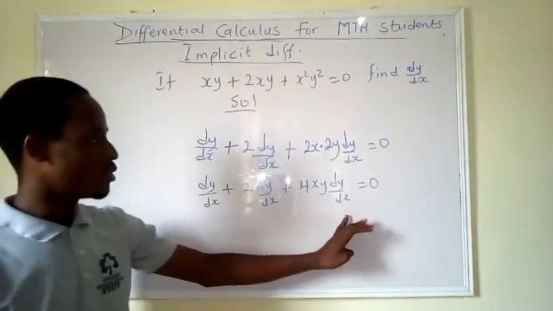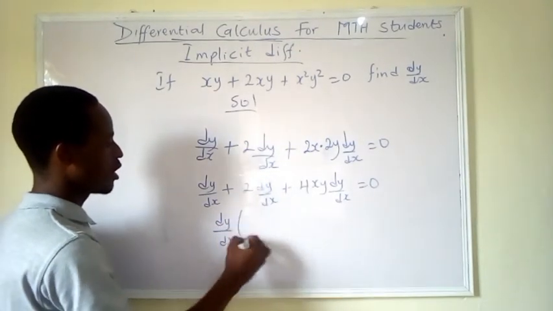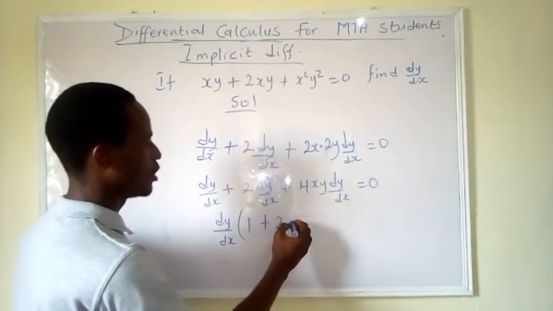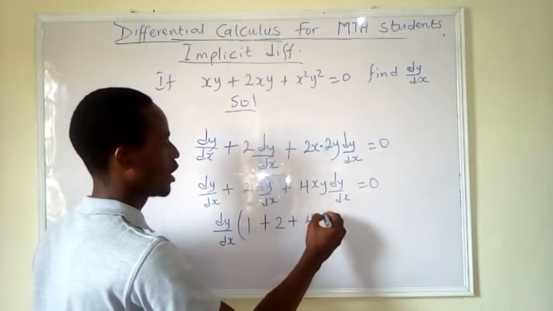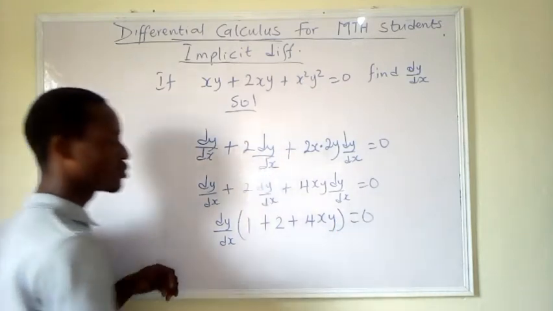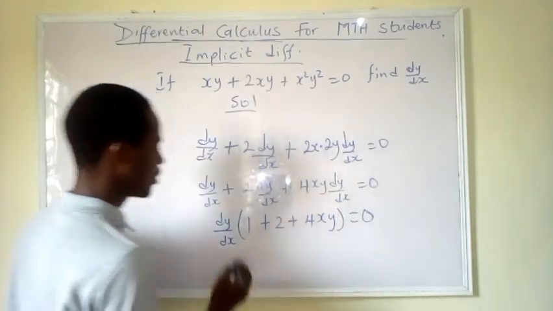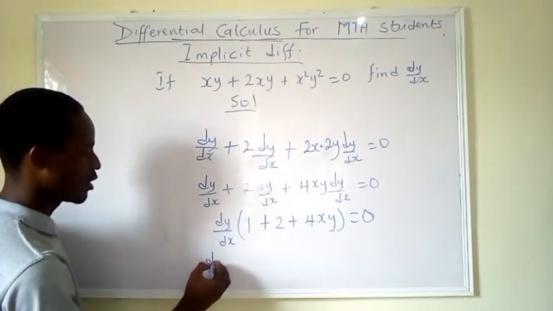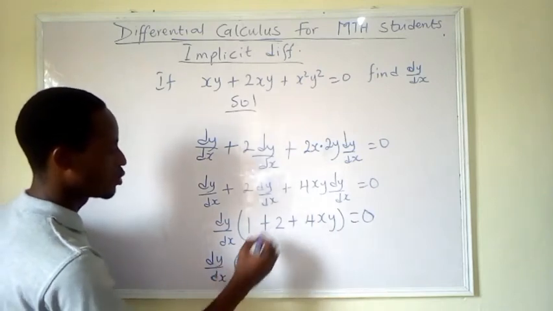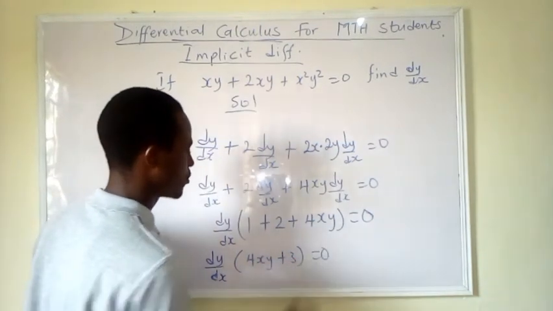So if I factorize, bringing out the common factor, which is dy/dx, I'll be left with 1 plus 2 here, and this will be plus 4xy, all equals 0. So 1 plus 2 will give us 3, which implies that I'm going to have dy/dx times (4xy plus 3) all equals 0.